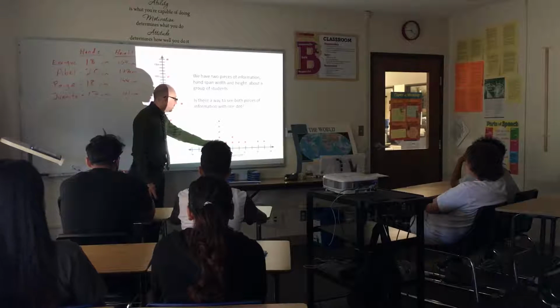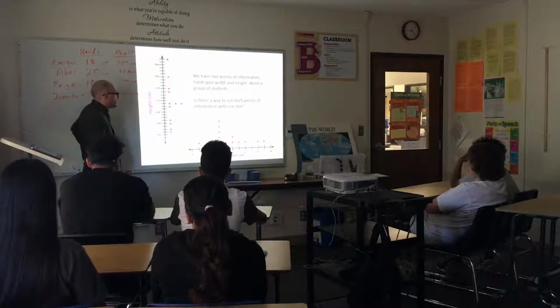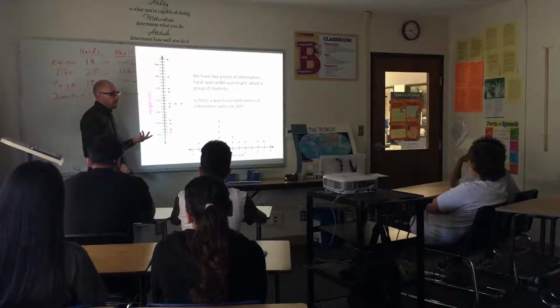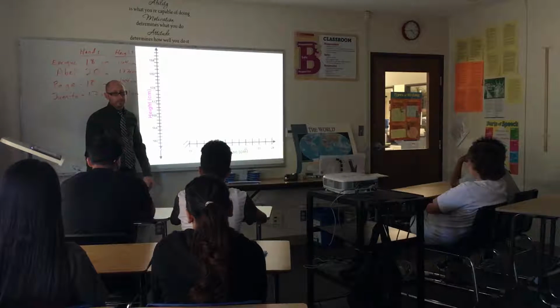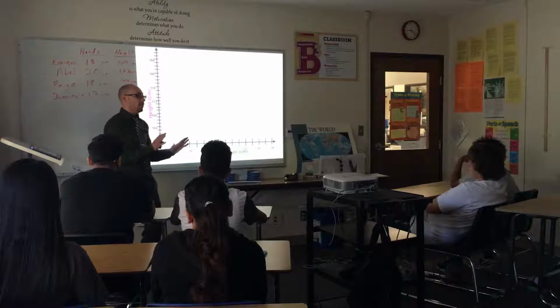Because right now we have a dot that shows hand span and a dot that shows height. Just throw out ideas. Anyone know how we could do it? It's fine with the two dots.